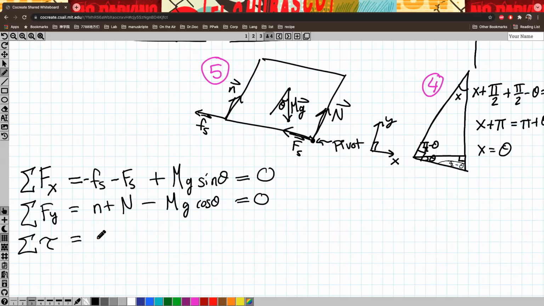There's gravitational in both directions, which is away from the pivot, as well as the second pair of normal and friction forces. Okay, so do you remember the formula for torque? Yeah, torque is equal to moment of inertia times angular acceleration. That would be like saying F equals ma, right? Right.